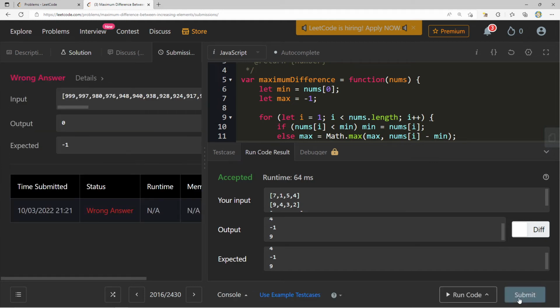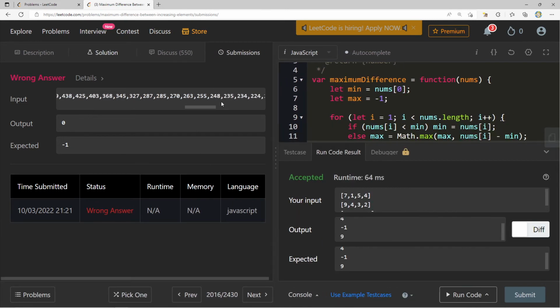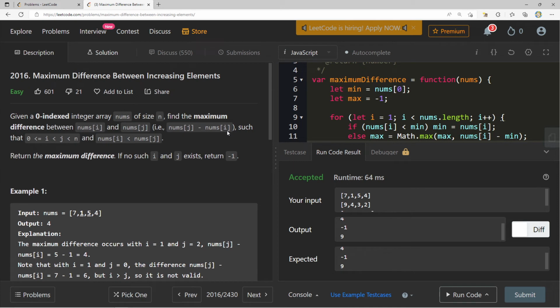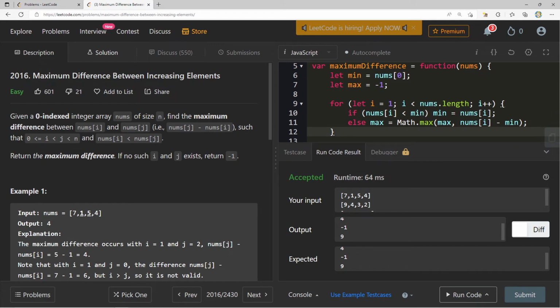Oh, so close. I really felt like we were onto something there. And unfortunately, this is such a large input. Let's see, where is it 0? Oh, so i can be such that 0 is less than or equal to i, which is less than j, okay. And nums i is less than nums j.